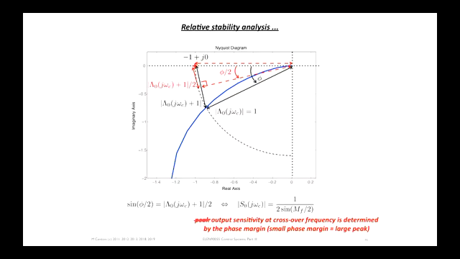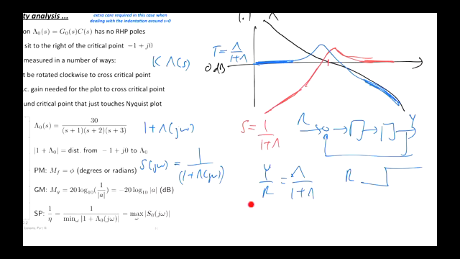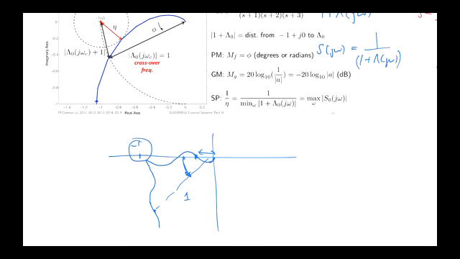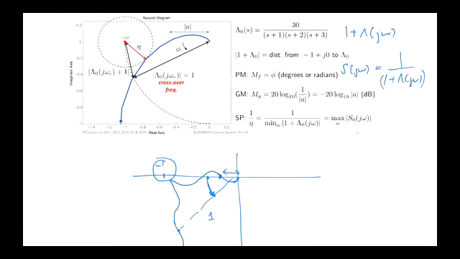Okay, but as we saw last time, having good phase and gain margin is not sufficient for having small or no peaking in the sensitivity function, all right? Because we could have a situation like this where we have a Nyquist plot that looks like this, okay? And so this is where the gain is 1, and there's a big angle there, right? This is where the phase is minus pi, and I have to scale that up a lot.